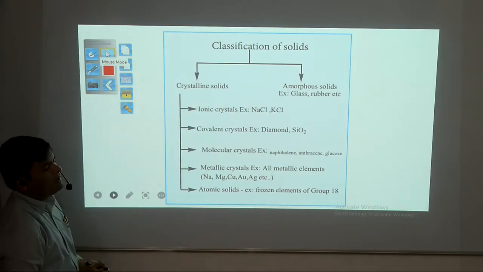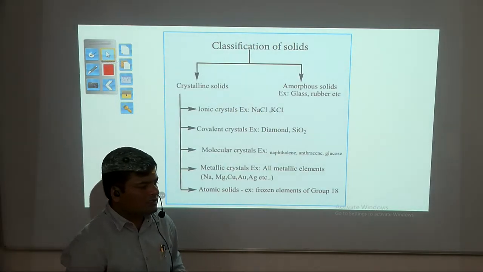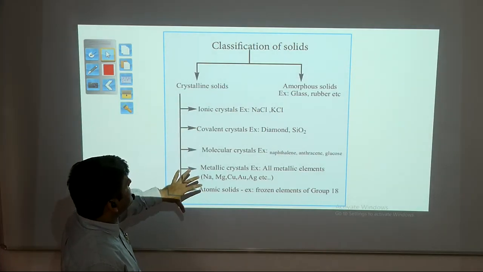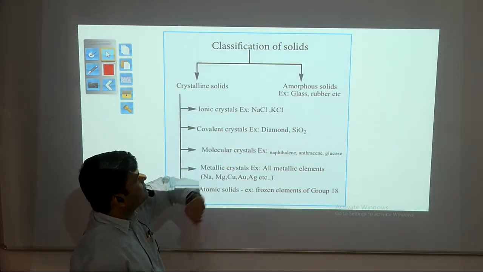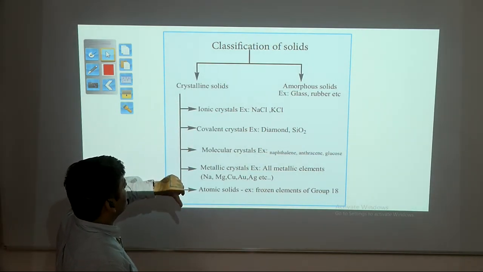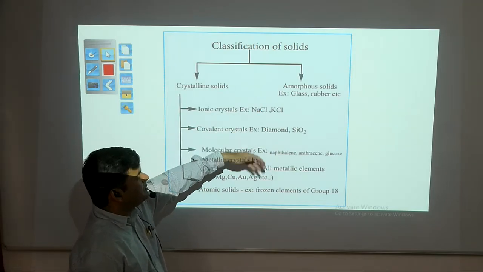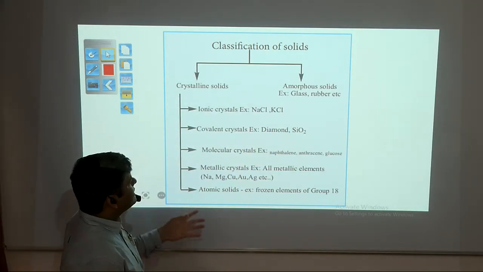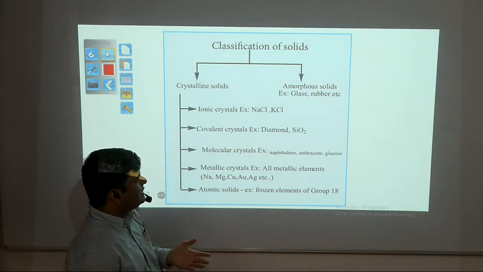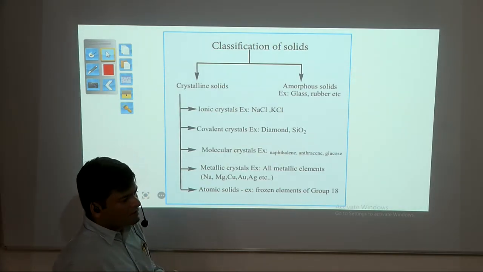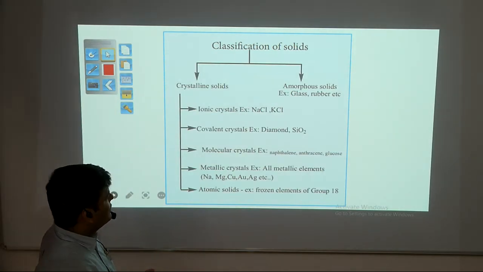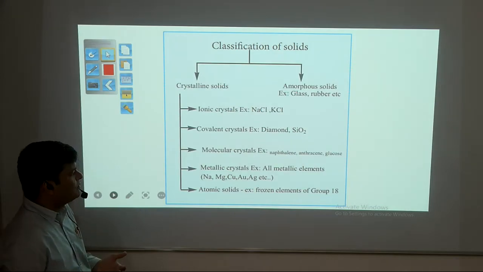In this figure, I have classified the solids in detail. I have given some examples of the crystalline solid and some examples of the amorphous solid. In crystalline solids, there are different types like ionic crystals, which can be NaCl, KCl, then covalent crystals like diamond, silicon oxide, then molecular crystals like naphthalene, glucose, then metallic crystals like copper, aluminium, silver, gold, sodium metals.